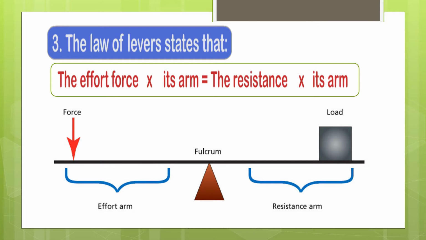Here we have the distance between effort force and fulcrum is called effort arm, while the distance between the weight of the body that I want to move or the resistance force and fulcrum here in the picture is resistance force arm.